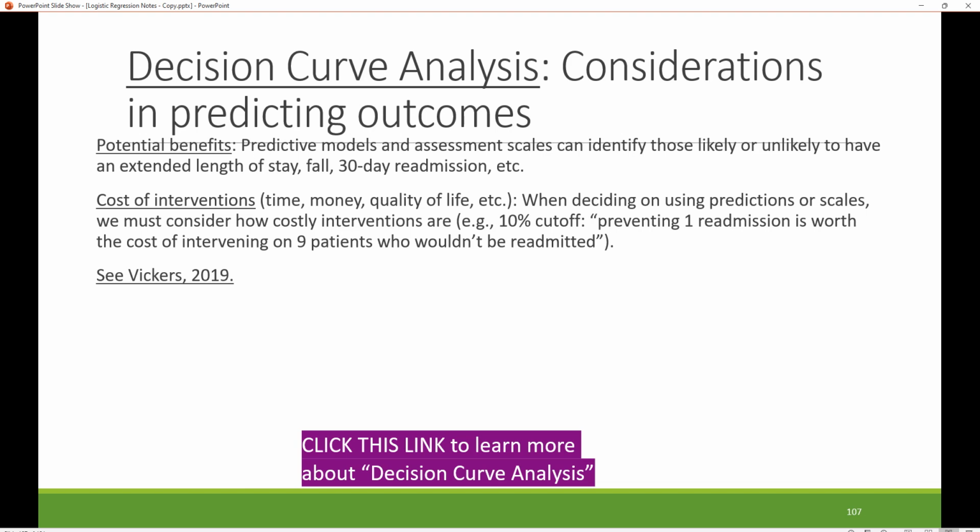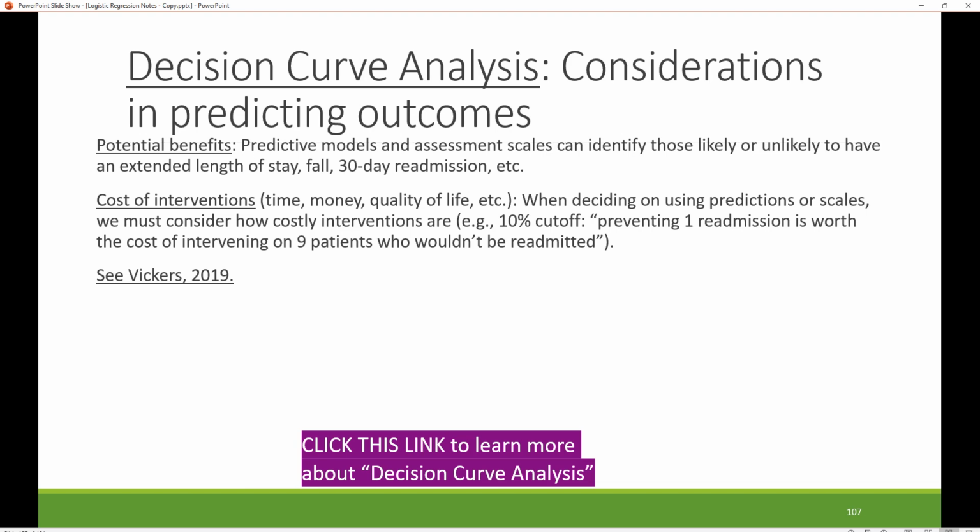For different types of cancers, we might actually need to do surgery to intervene on these patients. And sometimes those surgeries have permanent effects. So we need to think about, if I set the cutoff at 10%, what is that worth?